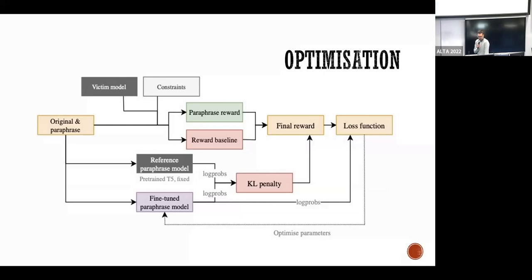The optimization diagram is kind of complicated, but it follows an algorithm called REINFORCE with baseline. This is a policy gradient algorithm, one of the oldest ones from the 90s. The interesting parts on this diagram: we get the original, the paraphrase, it gets a reward, and there's also a baseline, like an average reward for that particular paraphrase.